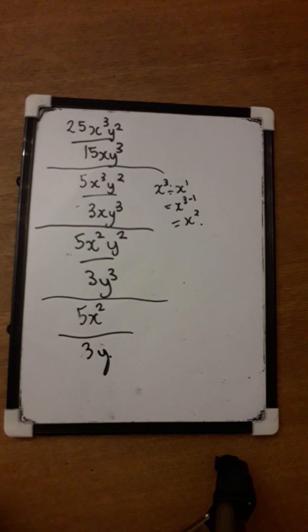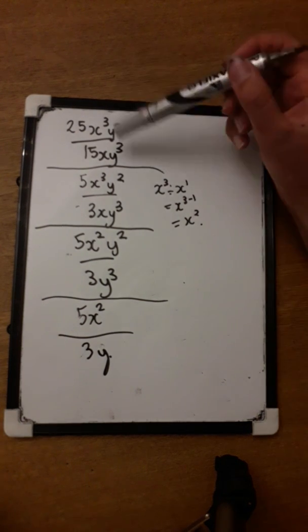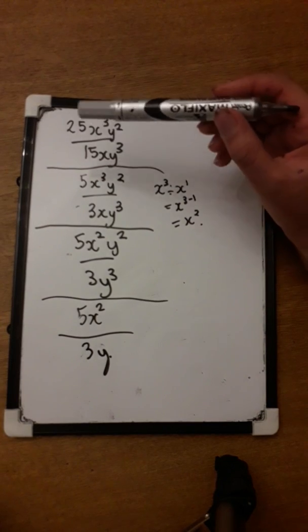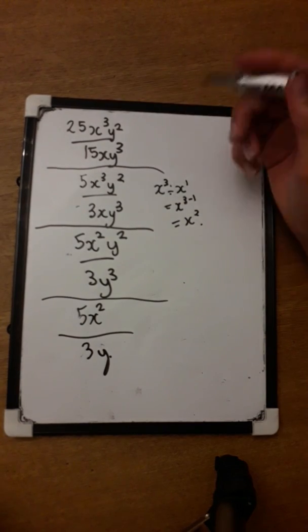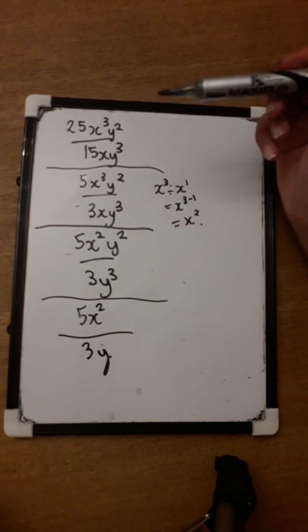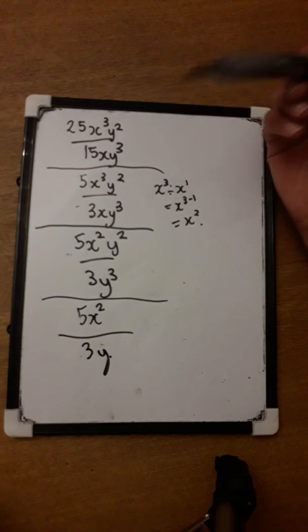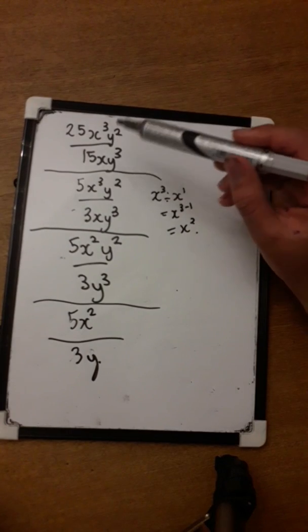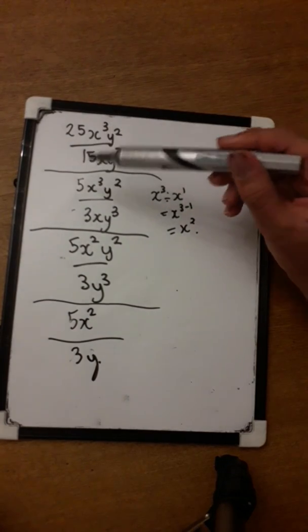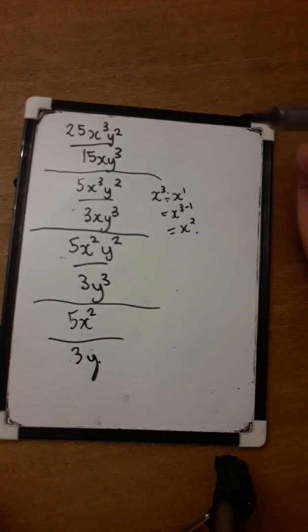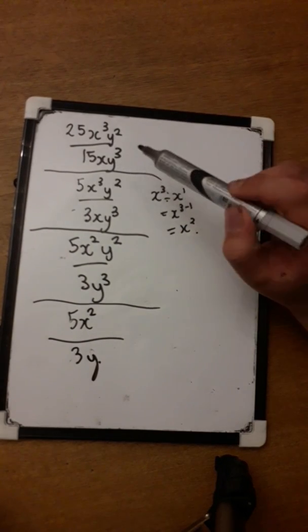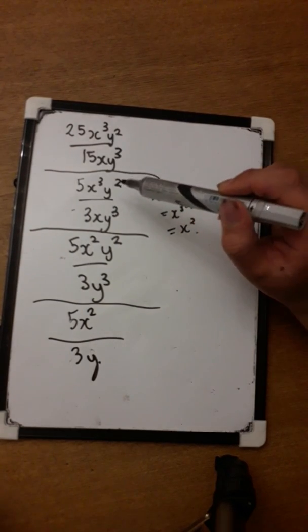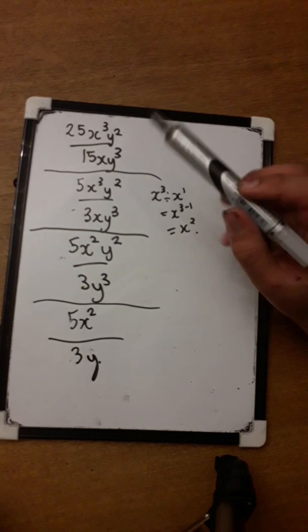Now here's a recap of what I did. First of all, you look for the highest common factor that goes into these two numbers. In this case, I found out that it was 5, so I divided 25 by 5 and divided 15 by 5, and this gave me 5 and 3. Then what I did was remove the x's from each other.